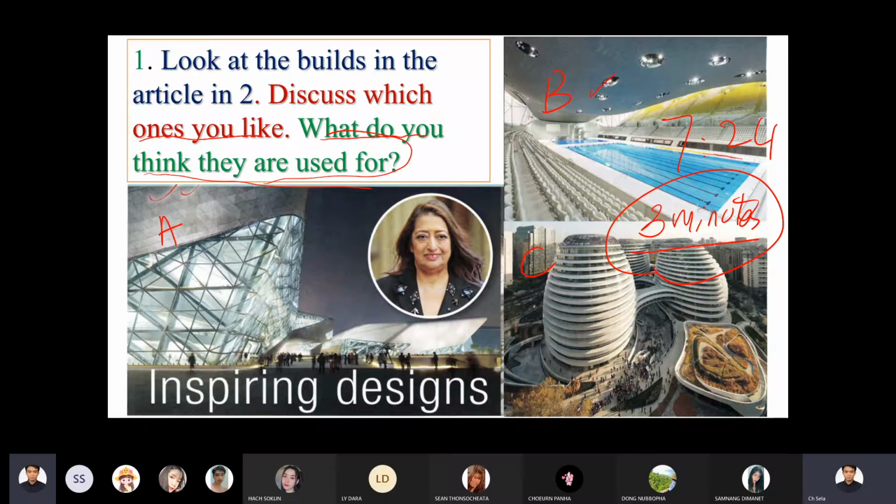All right, now time is up. So let's answer the question together. I'm going to start with Suchita. Hello, Suchita. Which one do you like? Me, I think letter B. Letter B as well. Okay, can you give us the reason why you like picture B? Because I think letter B we can use for swimming.